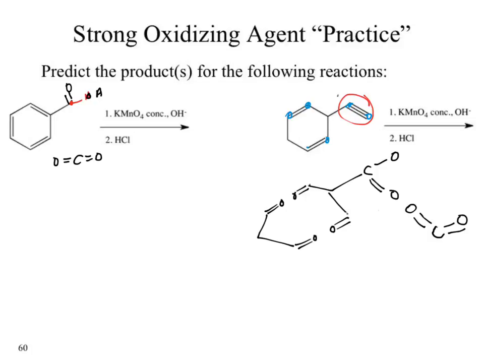Before we decide that this is our product, we now have to evaluate the carbons that I highlighted in blue. Can those be oxidized further? Well, what else is attached to them? Hydrogen. Can I remove hydrogen in a redox reaction? Yup. So as soon as I see that hydrogen, I can erase it and turn it into OH. That's when you decide on that last oxidative step.